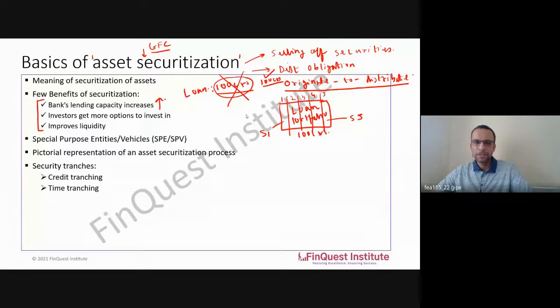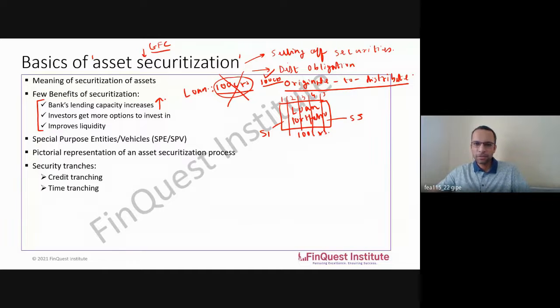But tomorrow, if HDFC decides to securitize a part of their portfolio and sell it to the broader market, then I can take positions in those securities and have exposure to HDFC's portfolio, because I am optimistic that it's a good quality portfolio and there are going to be scheduled payments that borrowers are going to make to the bank. That's why I would want to invest in that particular security. So my investment opportunities also increase.